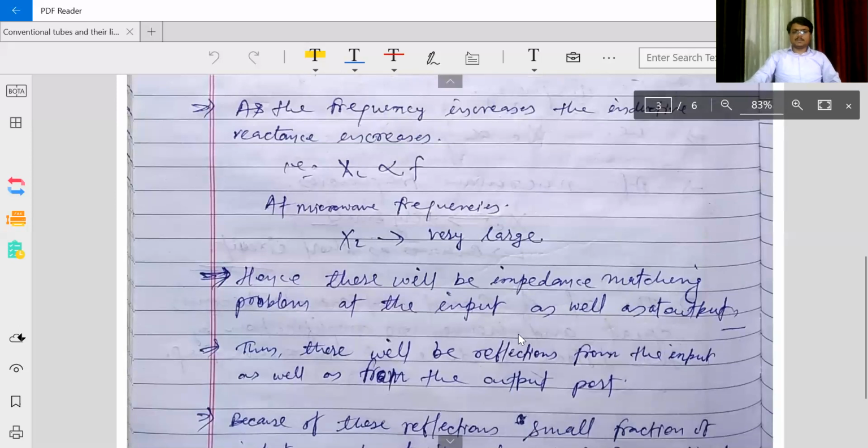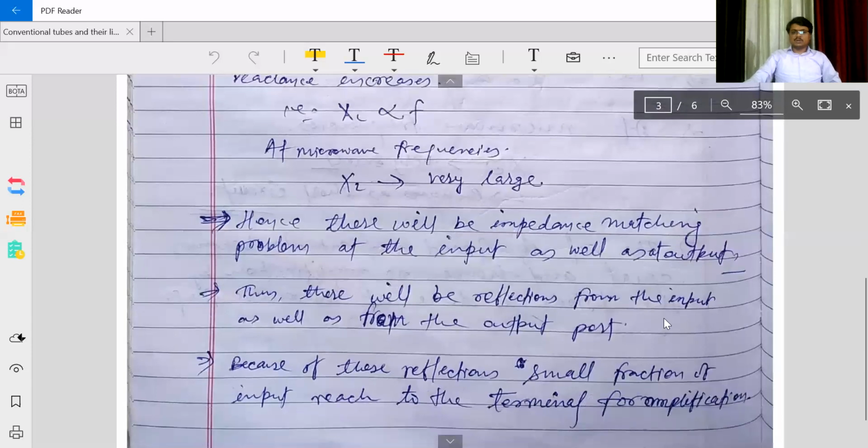And if the inductance or impedance is very high, then an impedance matching problem will be there at the input as well as the output. Thus, there will be reflections from the input as well as from the output port.